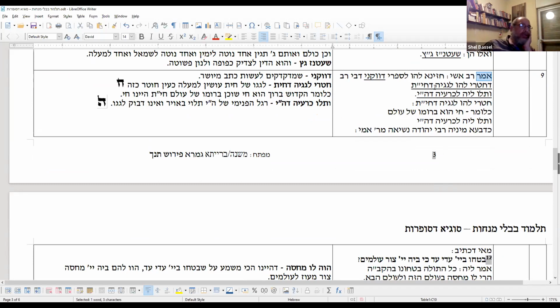Amar Rav Ashi, Chazina lehu l'safrei davkani devei Rav. I saw the exacting sofrim, the very careful sofrim, who were in the yeshiva of Rav. Dechatri lehu legage dechet, v'talu lekrai dehen.